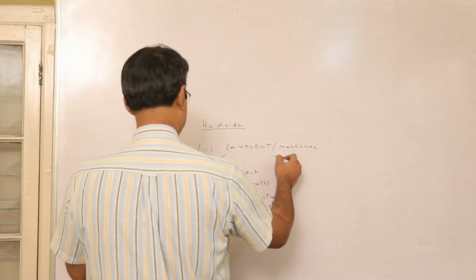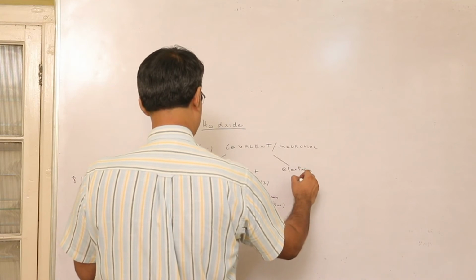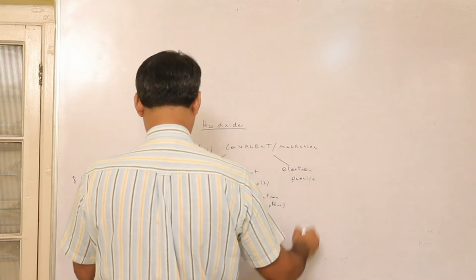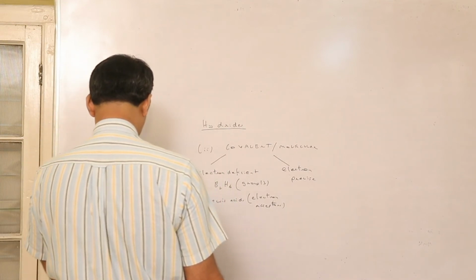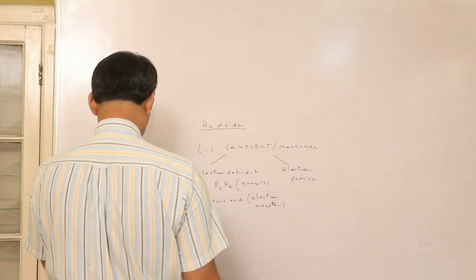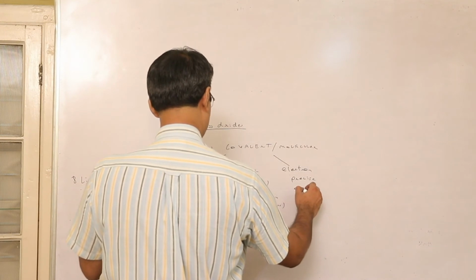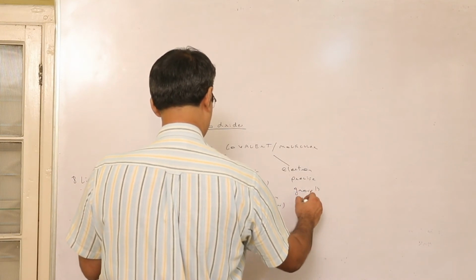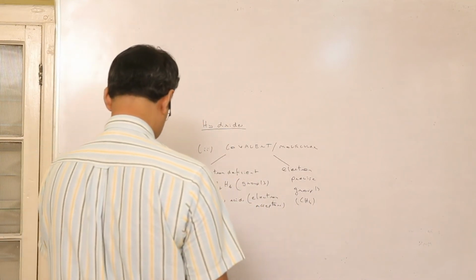Then the second one is called electron precise hydrides. So electron precise hydrides, they have a complete octet, and usually you will find that all elements of group 14 will give electron precise hydrides, like say for example methane.